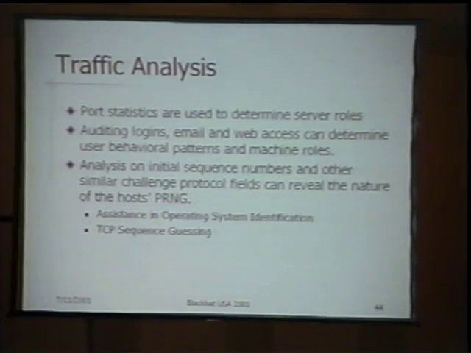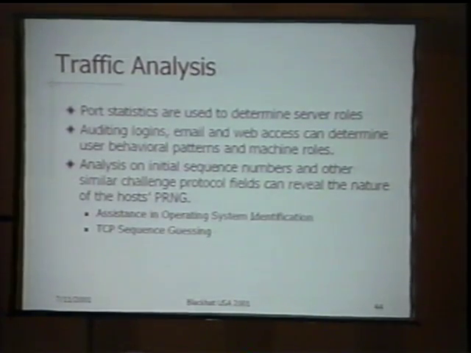Analysis of initial sequence numbers and other similar challenge protocol fields can reveal the nature of a host's probabilistic random number generator. This is data you've maybe seen in a paper by Zalewski and Simple Nomad on visualizing random number generators.